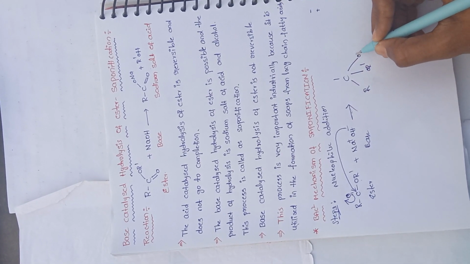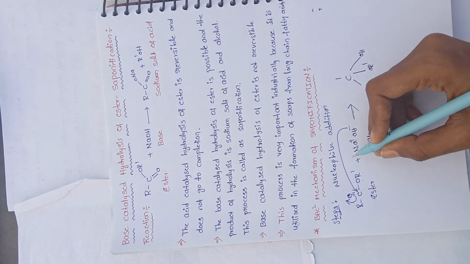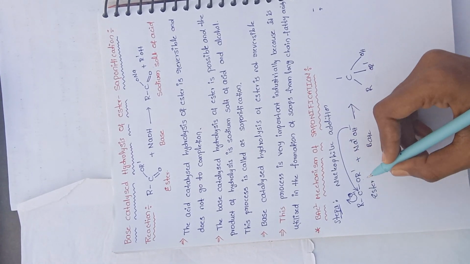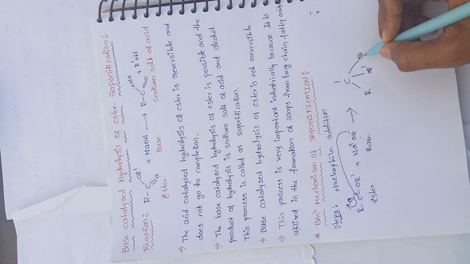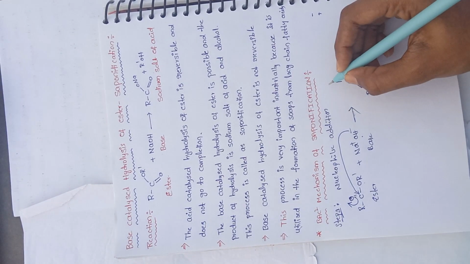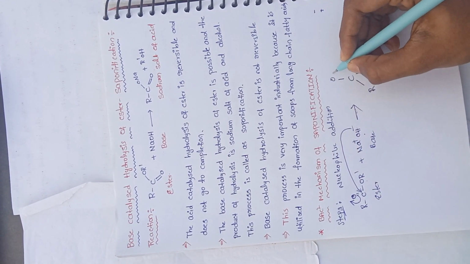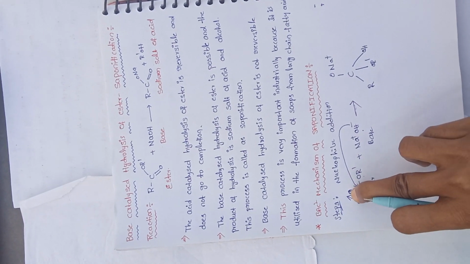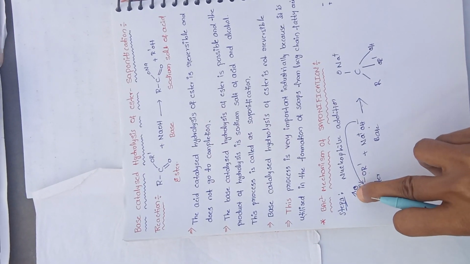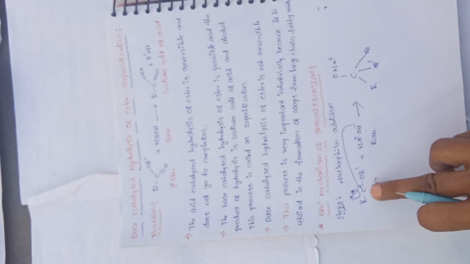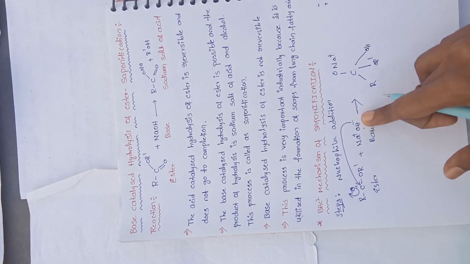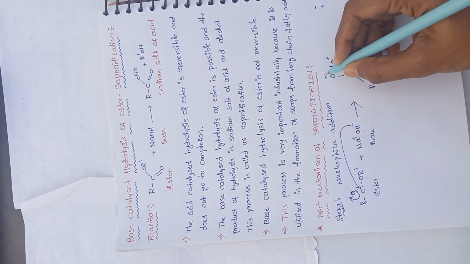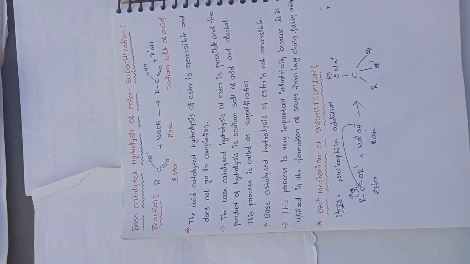So OH is attached to the carbon, then you have to write OH. Again what happens here, the electrophile is attached to this oxygen, because this is the negative charge and this is the positive charge. The oxygen gets the negative charge.